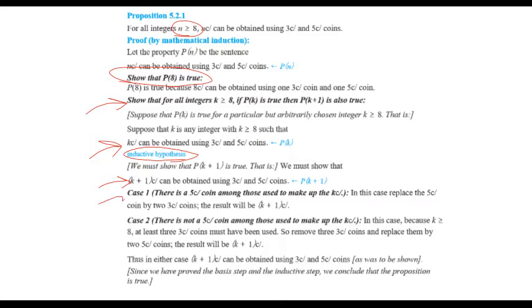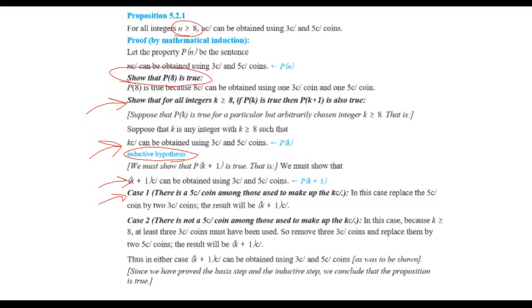In the first case, we assume that there is a 5-cent coin among those used to make up the k cents. As we know from the inductive hypothesis, k cents can be obtained using 3-cent and 5-cent coins. So in this case, we only need to replace a 5-cent coin by two 3-cent coins, and the result will be k plus 1 cents. Why?